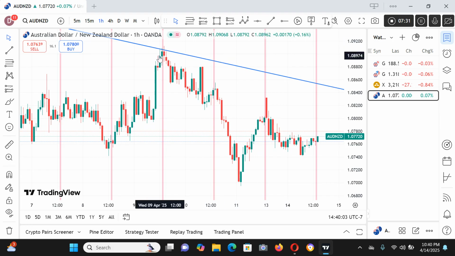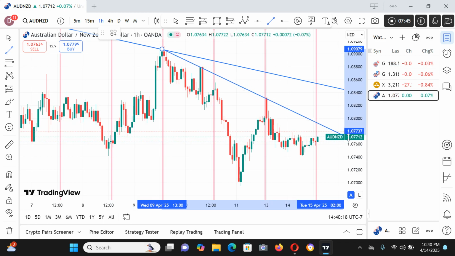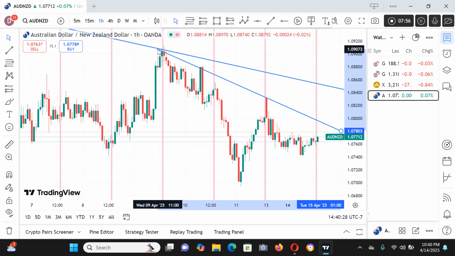We start it from the highest peak where the trend line drawn from the 4 hour touched last. So we draw our trend line from here, extend it down to the future, and voila, we have gotten a very good, perfect trend line. This is how it is.